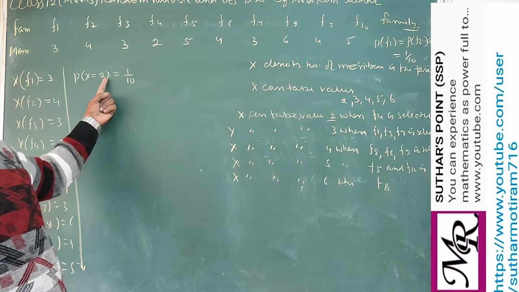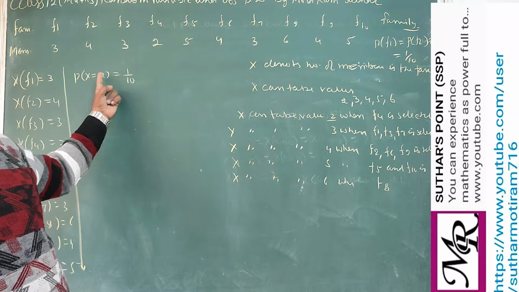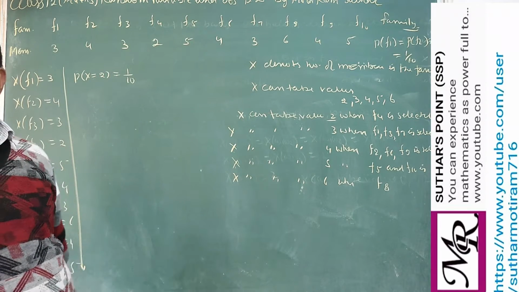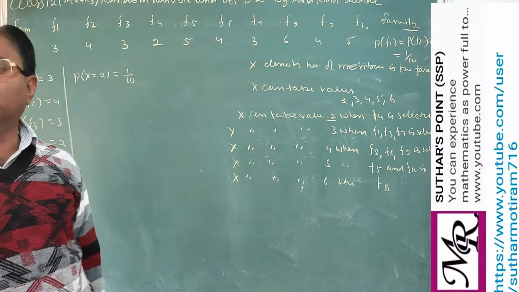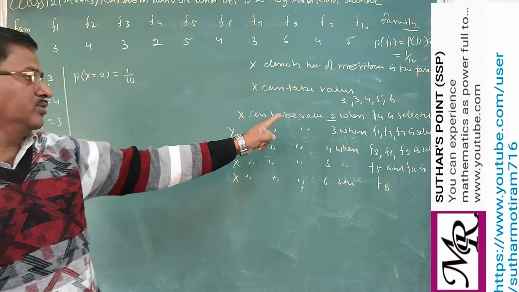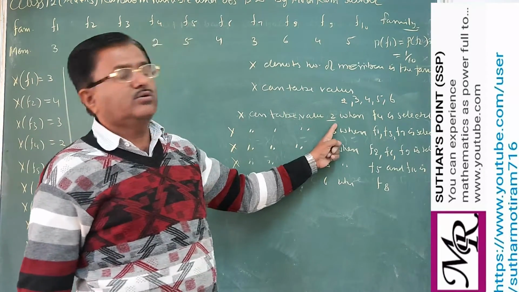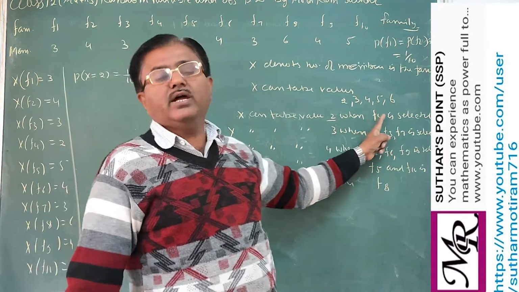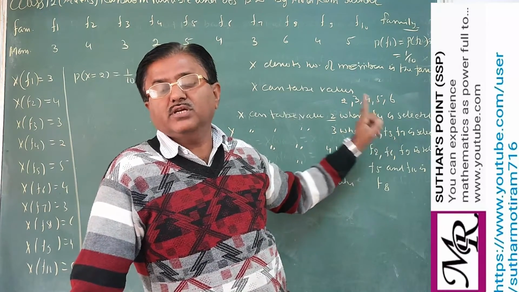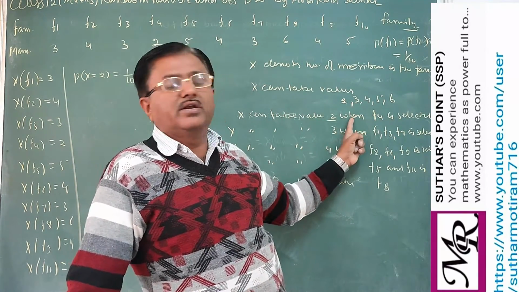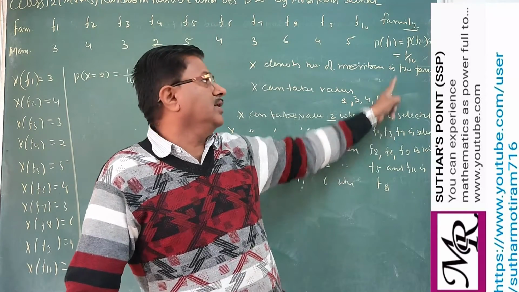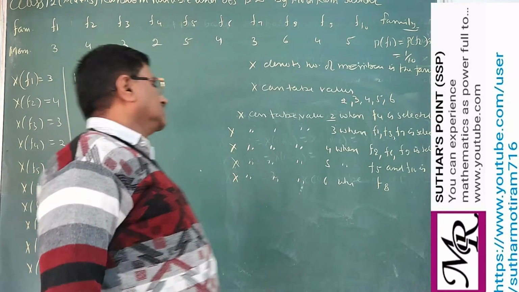Because when X equals 2, we have to select only one family, the one with 2 members.